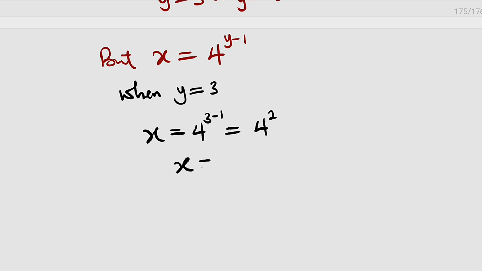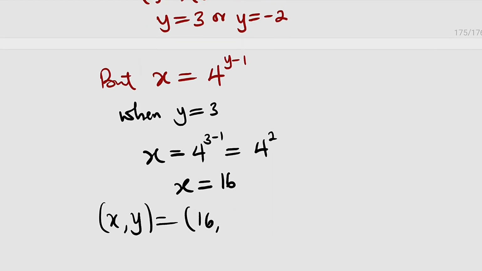Therefore, x is equal to 4 squared, which is 16. So this is one of the values of x, which implies that when x is equal to 16, y is equal to 3.